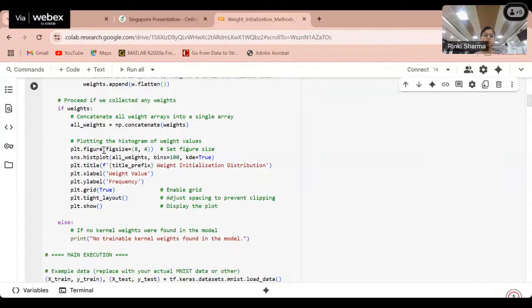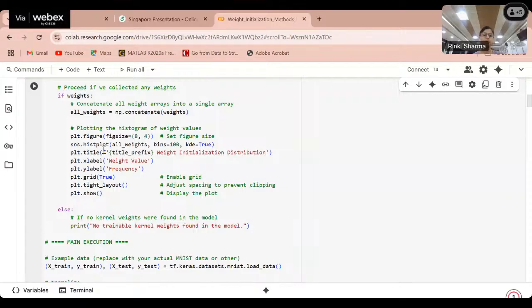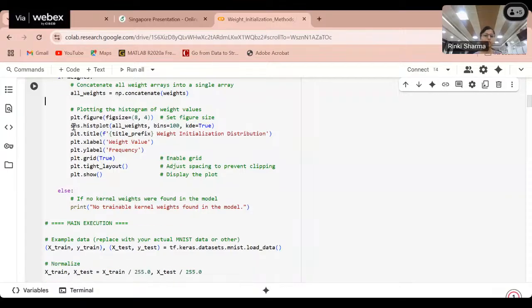Now we will plot the histogram of the weight distribution. We define a figure window here, and with the seaborn library we call histplot, which will plot the histogram. all_weights is a numpy array, and bins equal to 100 will create 100 equal intervals for the entries of all_weights, and kde equal to True will show a smooth line over the histogram, which I will show you.